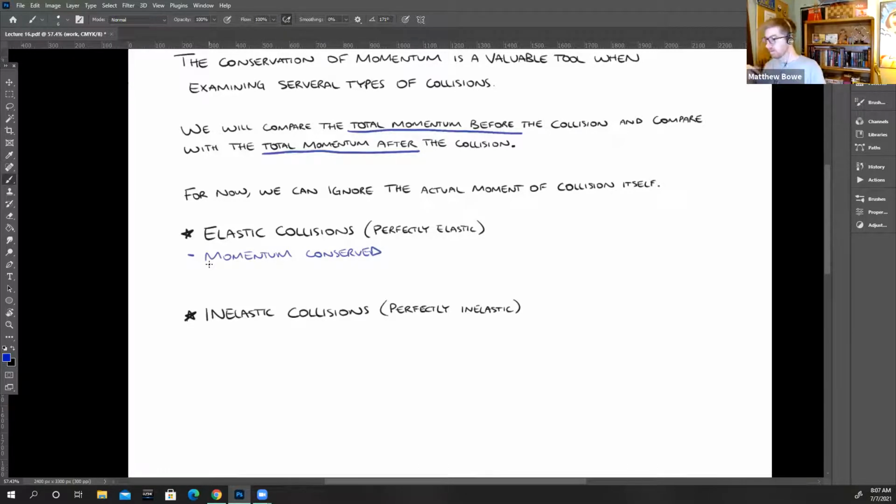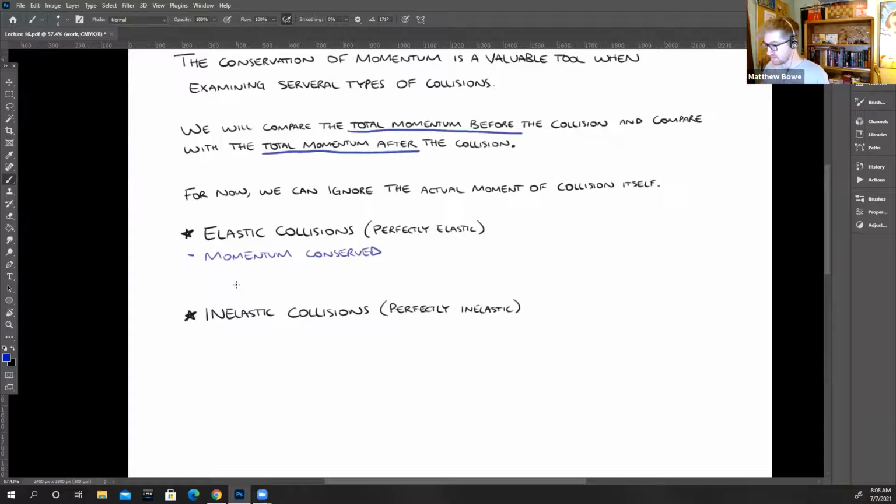This is easily thought of as an elastic ball, a bouncy ball. Drop it from some height. It will bounce off the ground and come back up to nearly the same exact height. If there was no air friction or any loss of energy through the environment, that bouncy ball, this system, would continue forever.